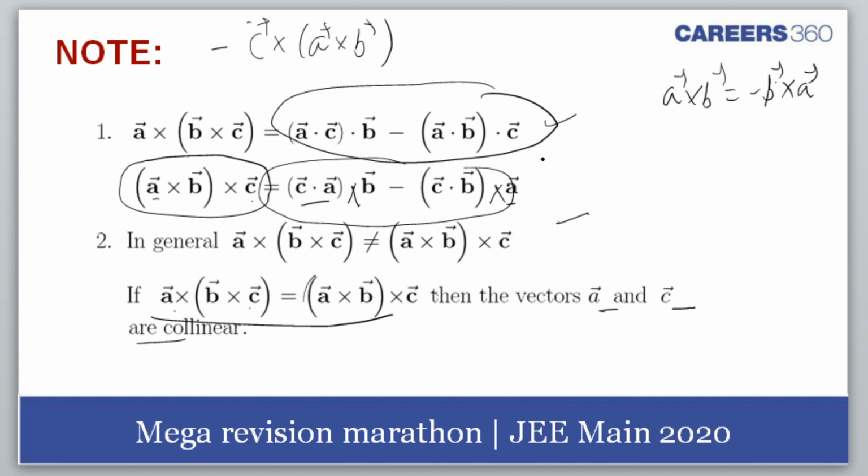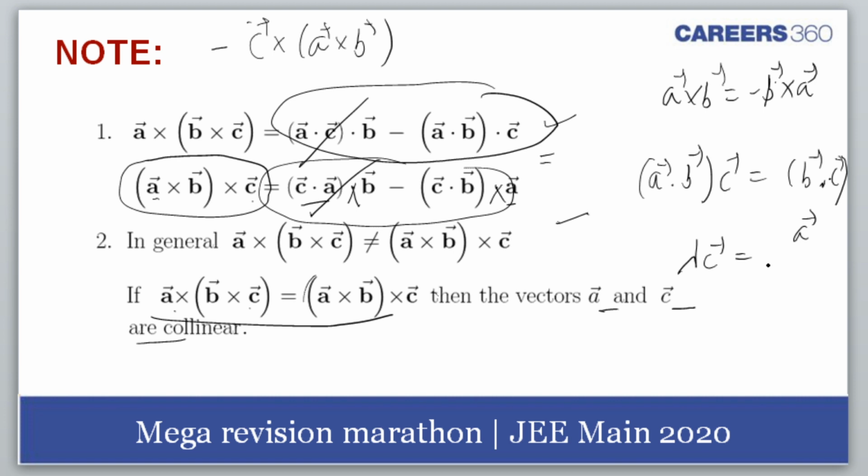If we equate these two, then C dot A, C dot B is cancelled. I get A dot B C is equal to B dot C A, right? So that means some scalar multiple of C is equal to some scalar multiple of A. Okay? So we get C and A as collinear.